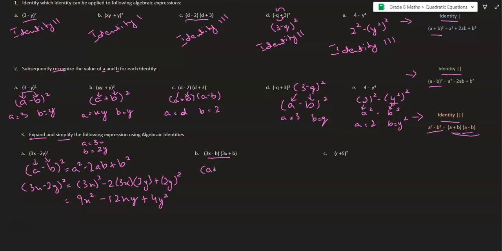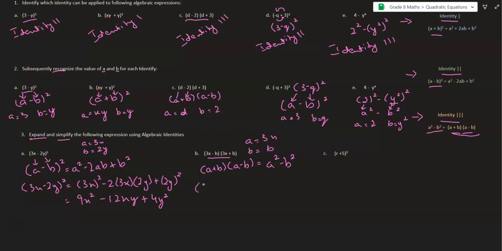So a plus b and a minus b, and write this part afterwards. Now a is here basically 3x and b is basically b. So b is b here. And so we can basically input these values back into the formula.